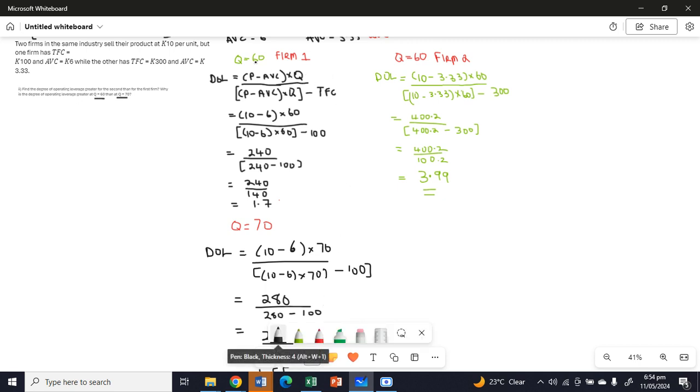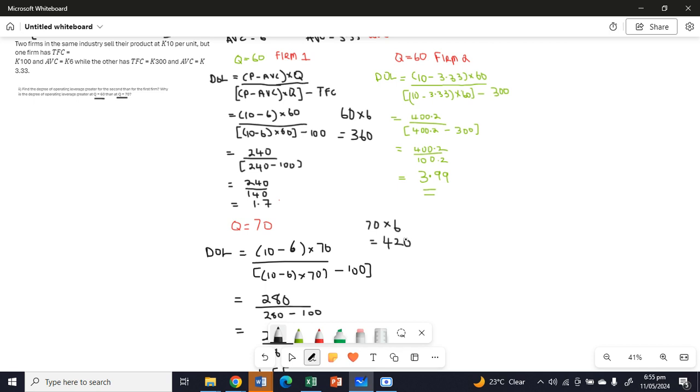When we produce 60 units and multiply by our average variable cost per unit, 60 times 6, our variable costs were 360 kwacha. Now, when we increase quantity to 70 units, it was 70 times 6, which is 420.